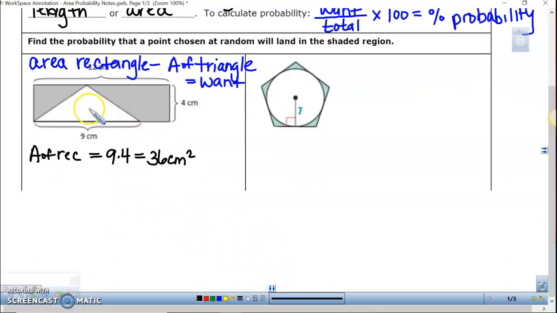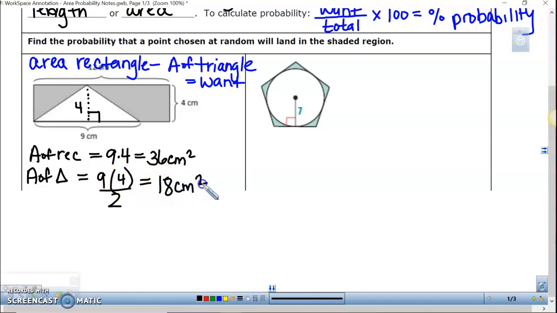And then the area of the triangle is the base times the height. Well, this height here, height is always perpendicular to the base. This right here is 4 centimeters. So base times height, all of that divided by 2. So 36 divided by 2, we get 18 centimeters.